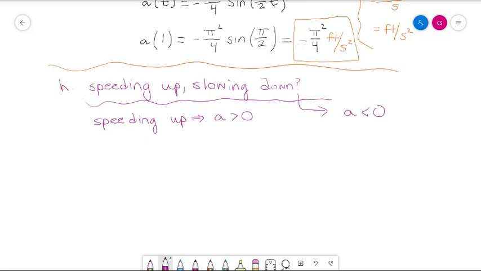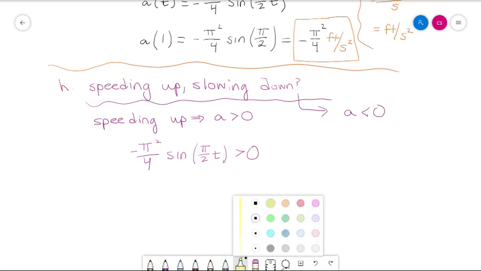So if we wanted to solve this, let's bring back our acceleration function. We just found that in that previous problem. All right, and then let's divide out by the coefficient. But notice when we divide out by the coefficient, we're going to be multiplying by negative 4 over pi squared.